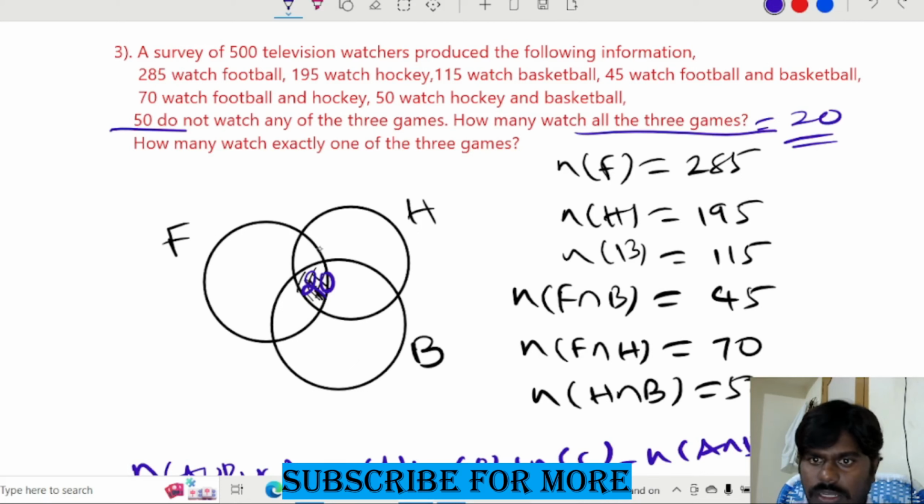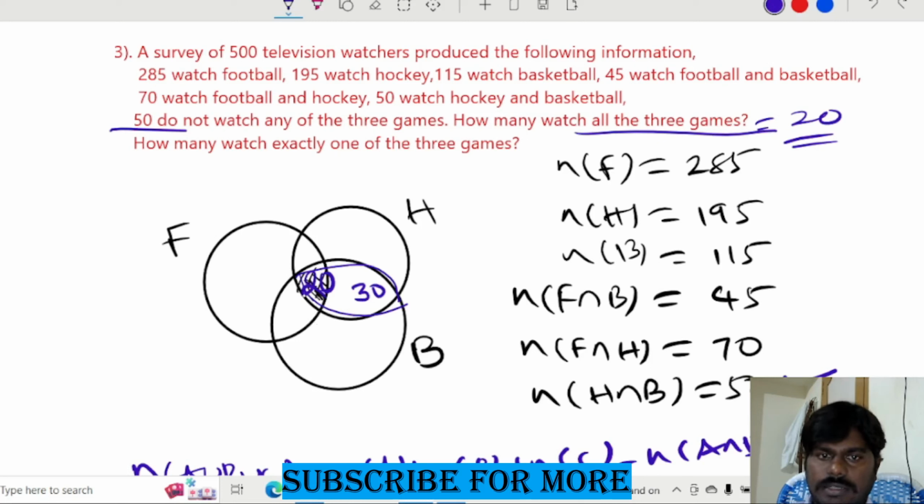Here they have given H intersection B as 50. H intersection B means the total portion will come, this total portion. Already this portion we have written as 20, meaning the common region among all the three games is 20. But here H intersection B is 50, so 50 minus 20 means 30 will come.